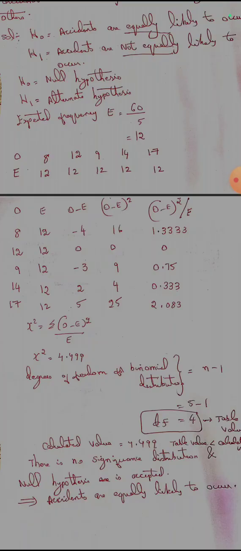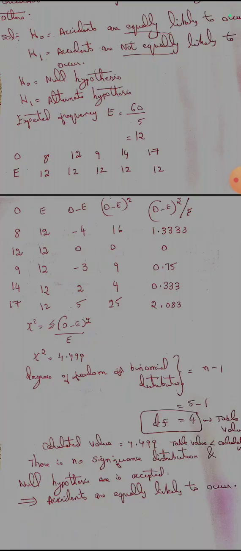If the table value is higher, there is no significant difference and the null hypothesis is accepted. In case the table value is lesser than the calculated value, we take it the reverse way: there is significant difference and the null hypothesis is rejected.